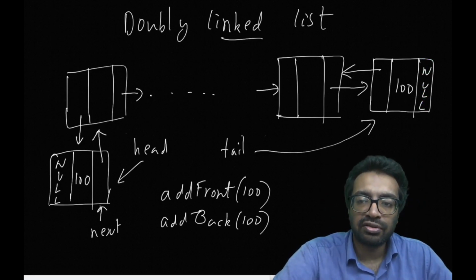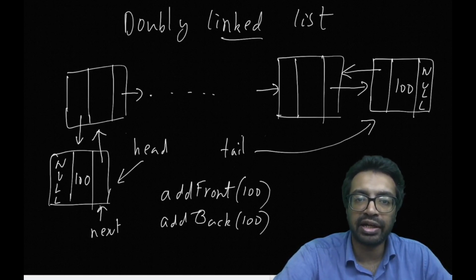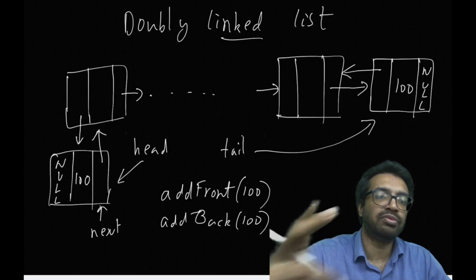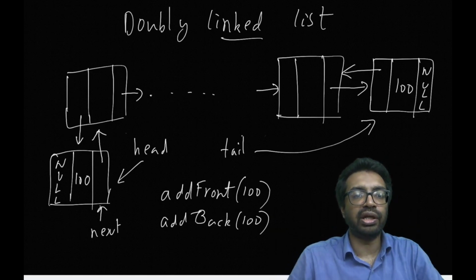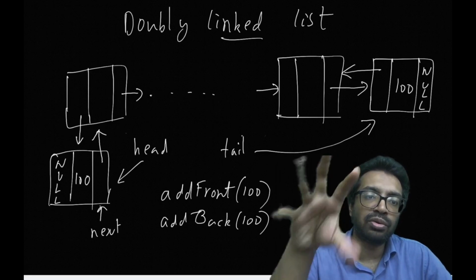In each of these functions, both addFront and addBack, how many nodes did I visit? Did it depend on the length of the list? If the list had n elements, how many nodes did I visit? First, let's consider addFront. I just visited 2 nodes: the newly created node, and the head node in the original list.